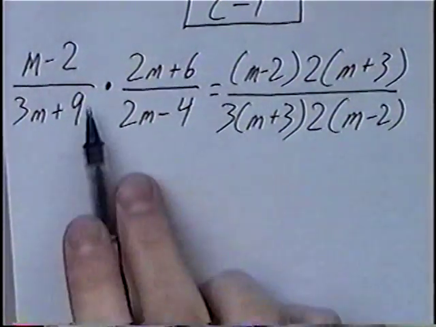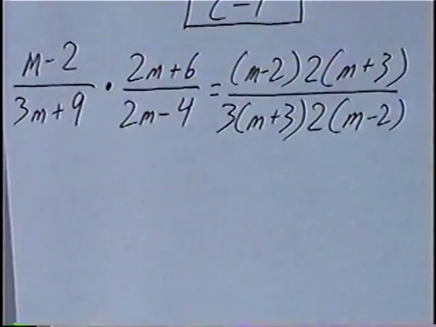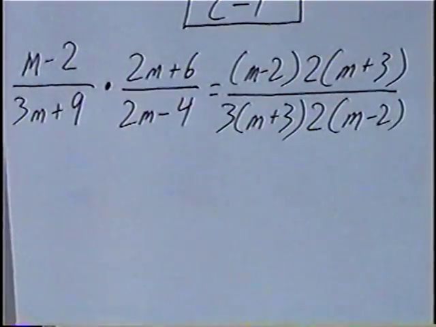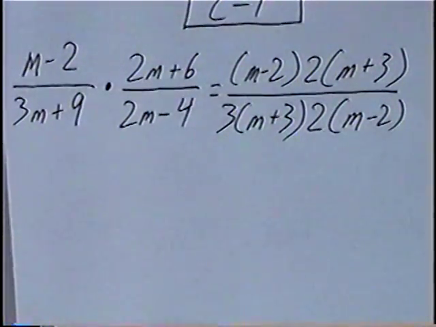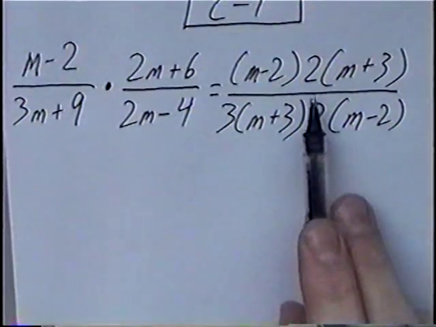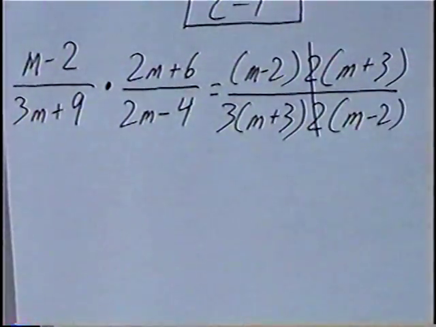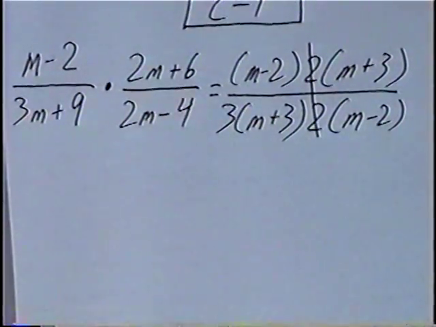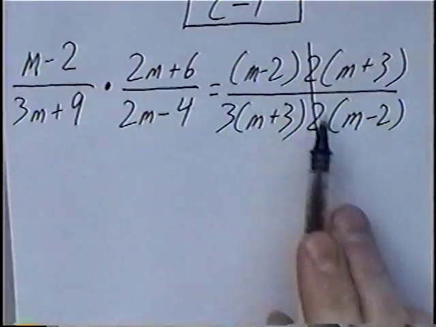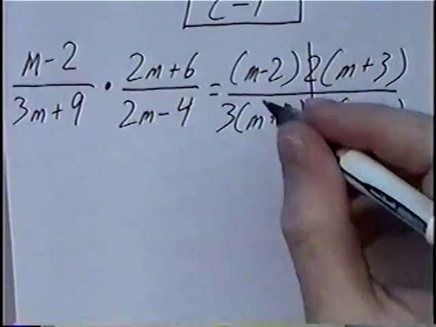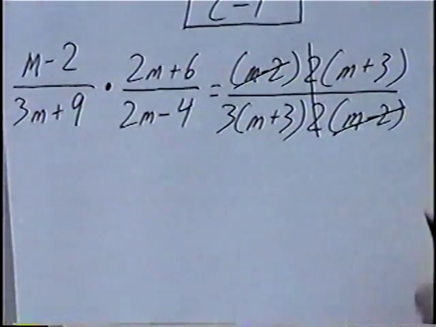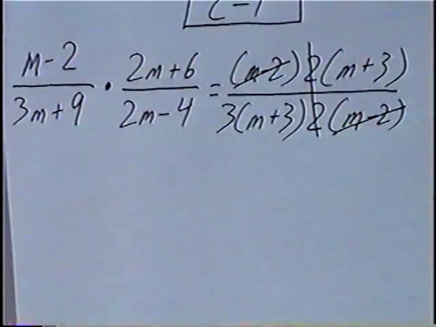Once we have everything factored and everything written as a multiplication question, we can start to cancel out or divide out common numbers or factors. For example, if we have 2 and 2, 2 and 2 will divide out or cancel. Any factors in parentheses that we have in common, such as m minus 2 and m minus 2, exactly the same, they'll divide out or cancel.